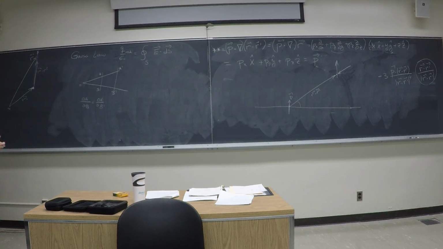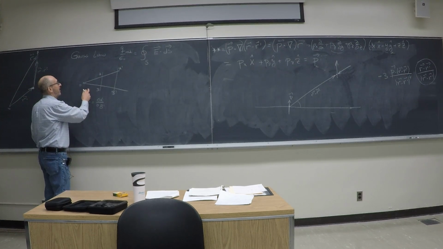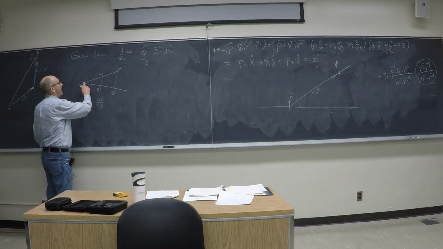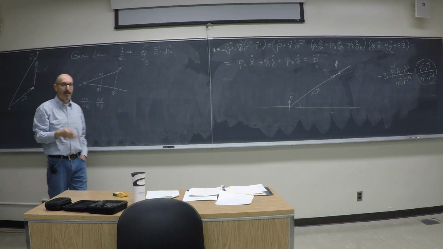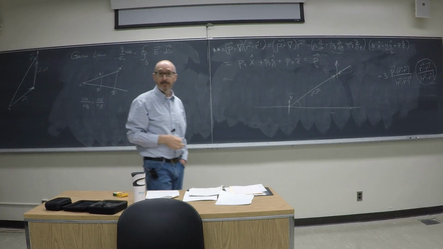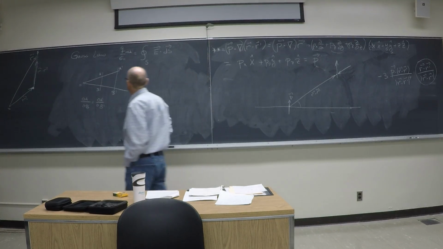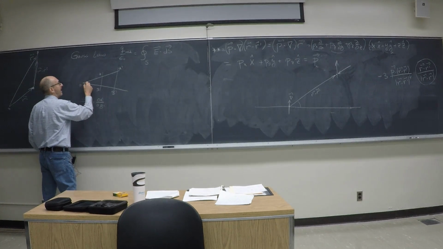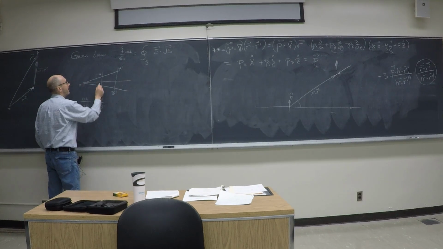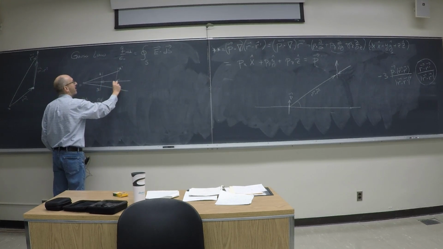There are other things that you can do, like the ratio between OA prime and OA should be equal to A prime B prime over AB, and so on. There are many things like that. Of particular interest, let's say that I draw another line, although it's not necessary, and then I define a point C and C prime.